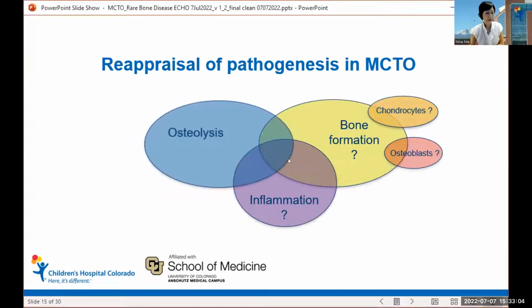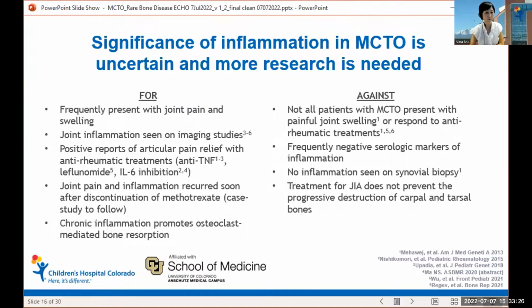But perhaps there's more to the story and there are more pathogenic mechanisms that should be considered. It's been suggested that perhaps there could be a component of chondrocytes or osteoblasts leading to dysfunctional bone formation. And it's uncertain what the role of inflammation might be in patients with MCTO.